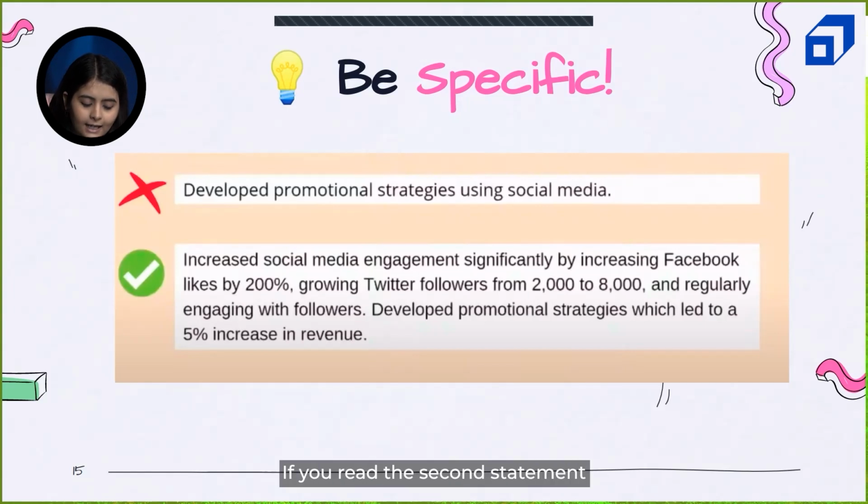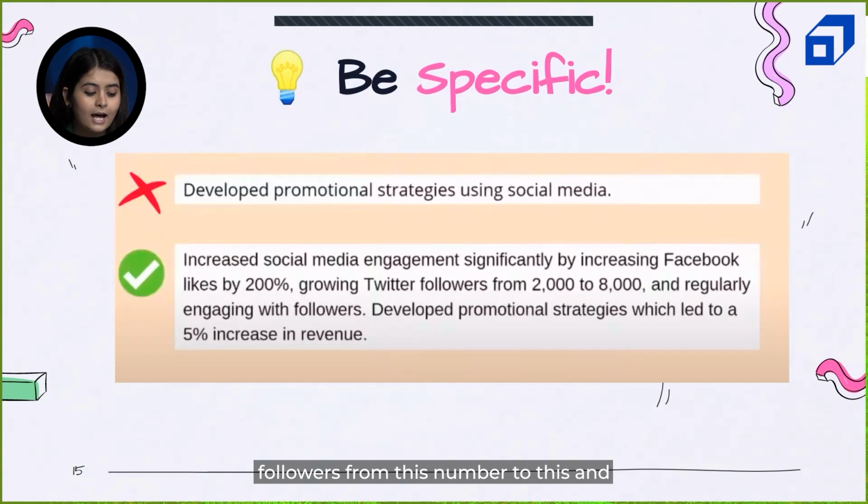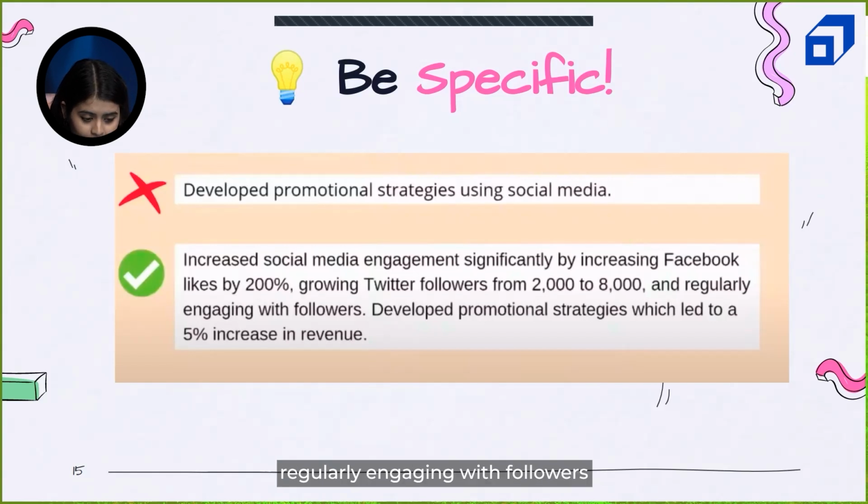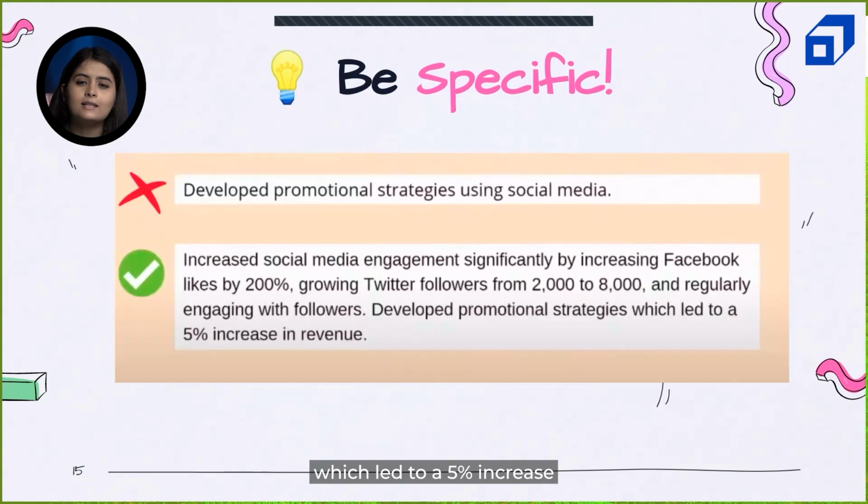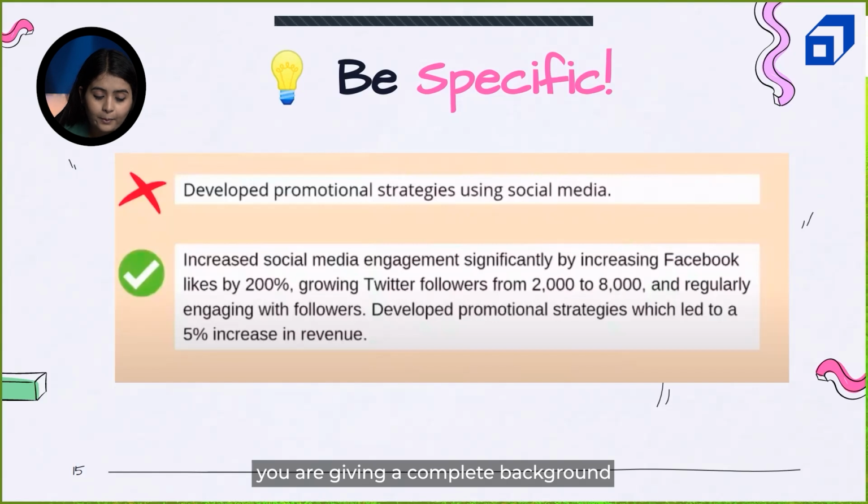If you read the second statement, here it's clearly written, increase the social media engagement significantly by increasing the Facebook likes by 200%, growing the Twitter followers from this number to this, and regularly engaging with followers. And then the candidate is telling that developed promotional strategies which led to a 5% increase in the revenue. So this way you are giving a complete background.